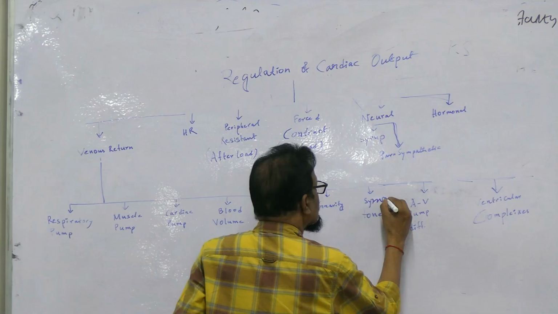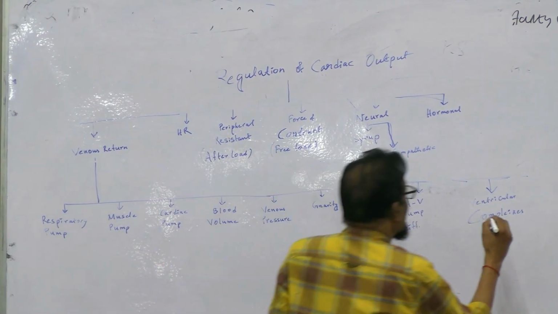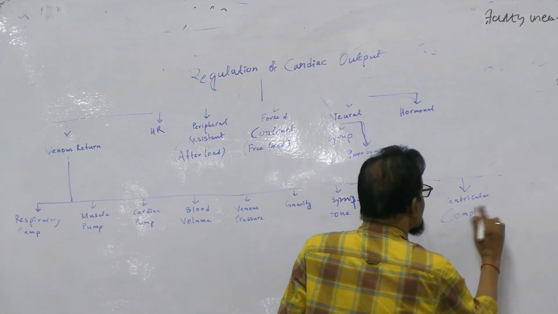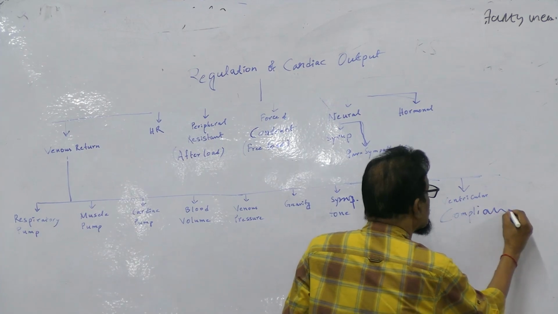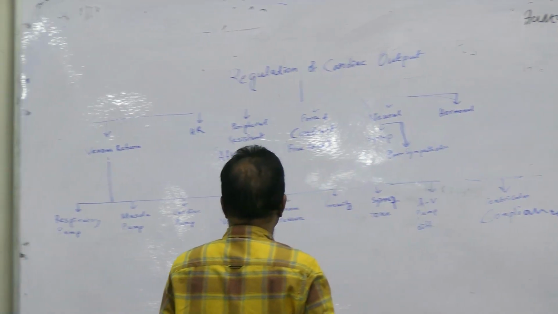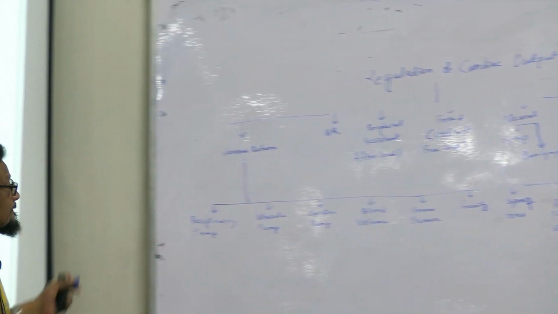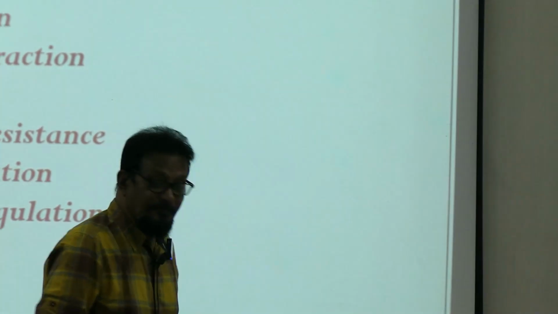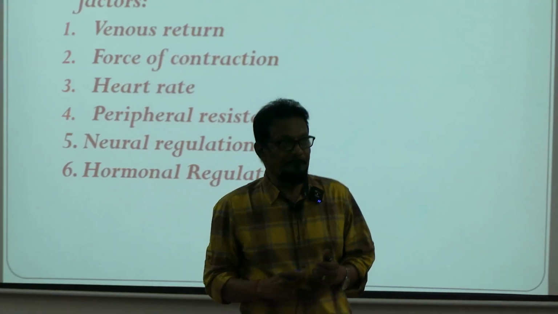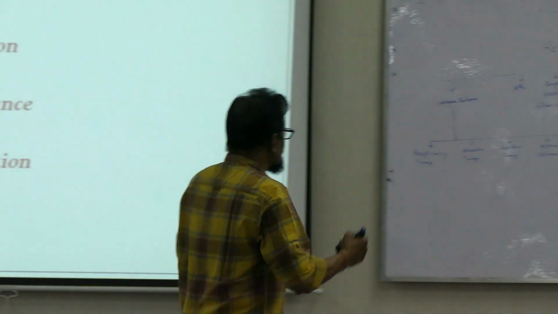Sympathetic tone. Sympathetic tone, and ventricular compliance, and venous pressure. So there you will find there are 9 factors that affect venous return.